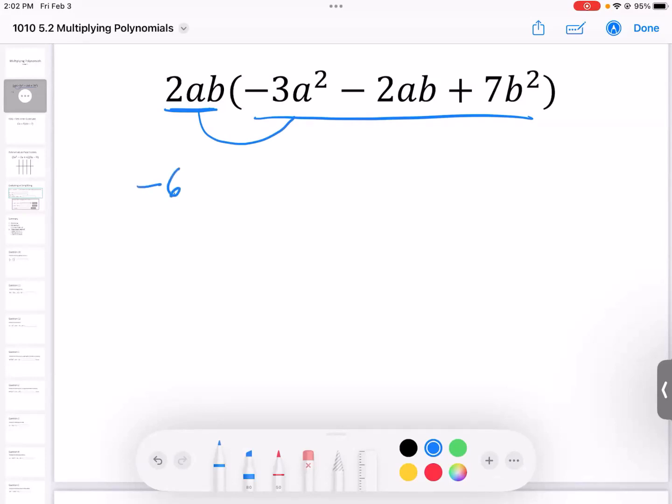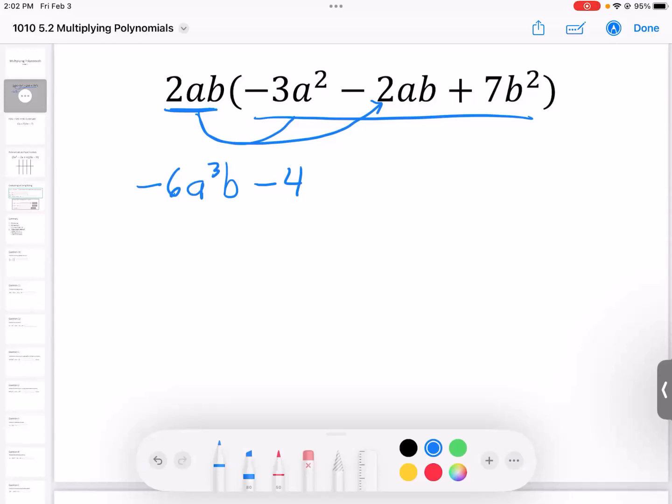A times 2 other a's, because remember a squared means that you have 2 a's multiplied together. So if I do a times 2 other a's, then I'm going to have a cubed. And then b times no other b's will just be b. And then I'll distribute the 2ab to the next term, which gives me.